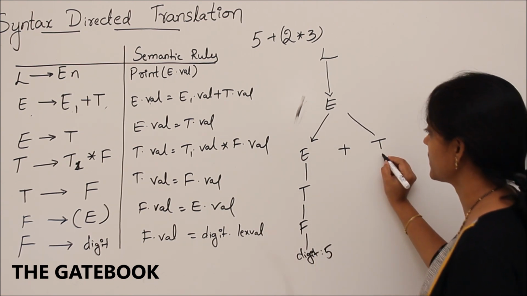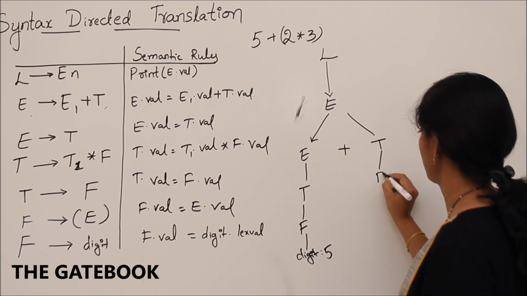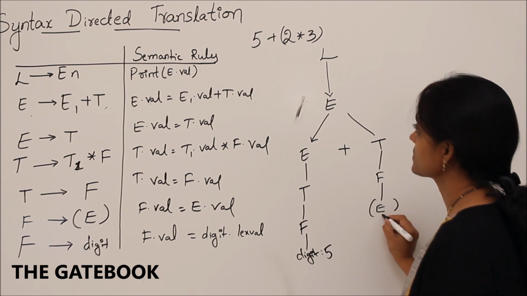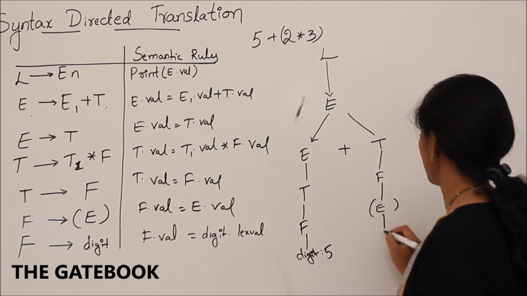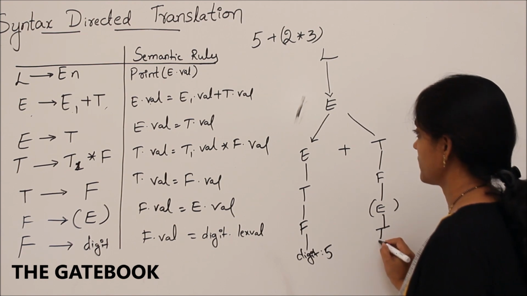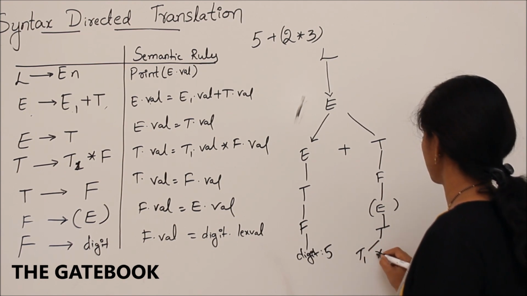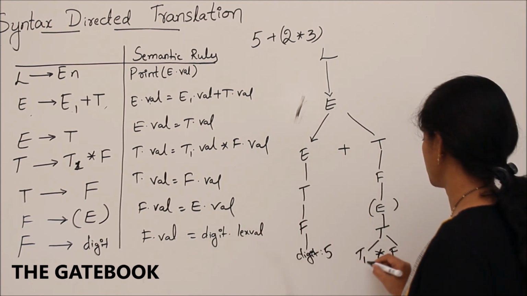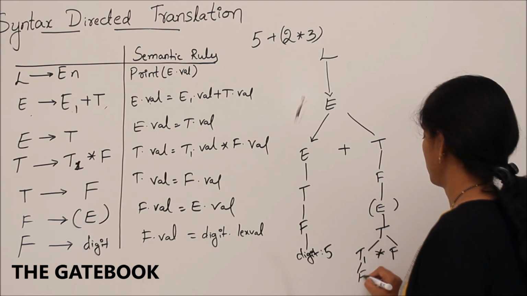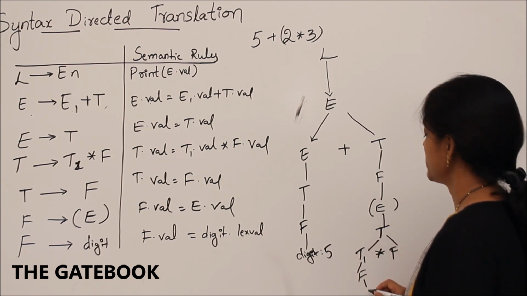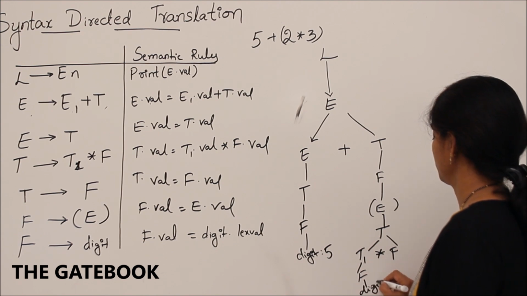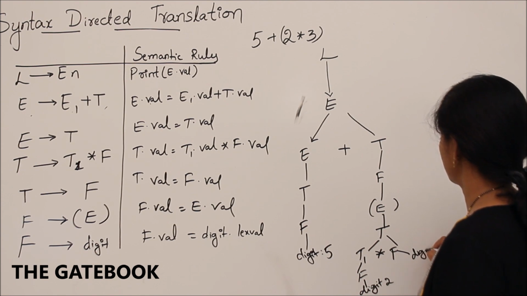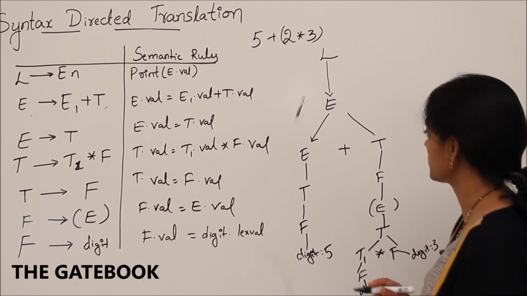And this T derives F, F derives (E), E derives T again, and T derives T1 star F. So T again derives F, which is digit 2, and again F derives digit, that is nothing but 3.